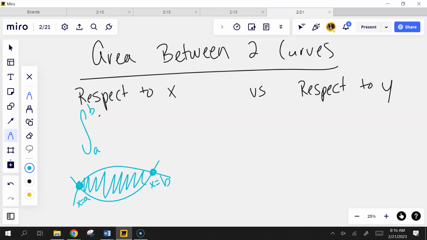Oh, it looks like a fish. Does that make sense? So it could be that I have to calculate those intersection points. So I'm going to go from A to B, and I'm going to do the top curve, this is not very proper, minus the bottom curve. And of course, this is going to be with respect to x.